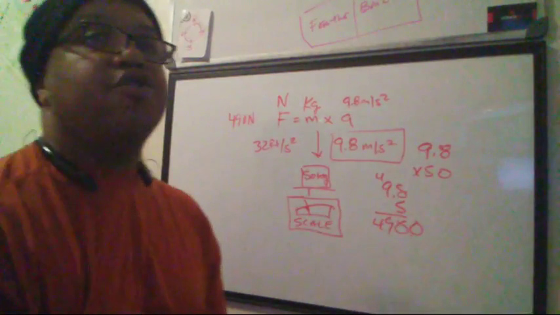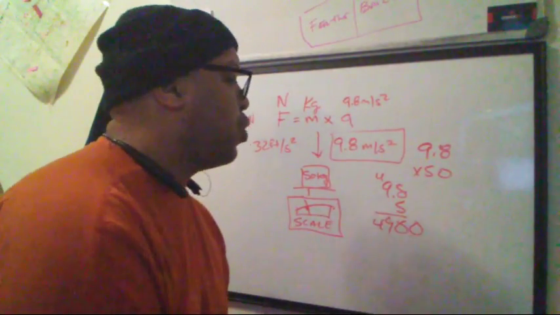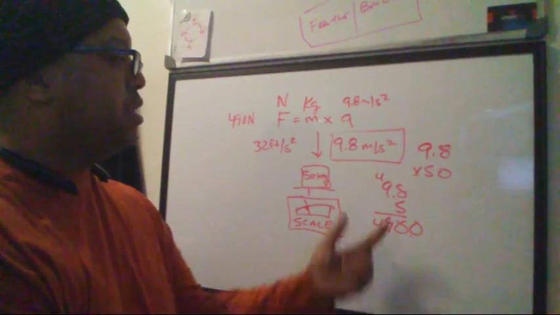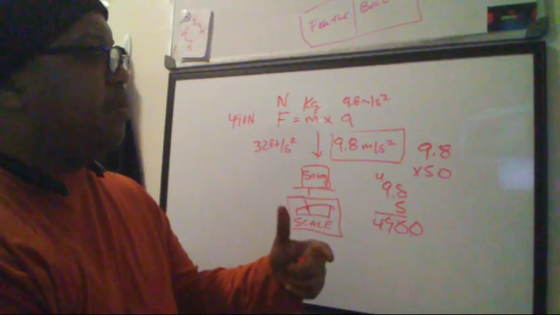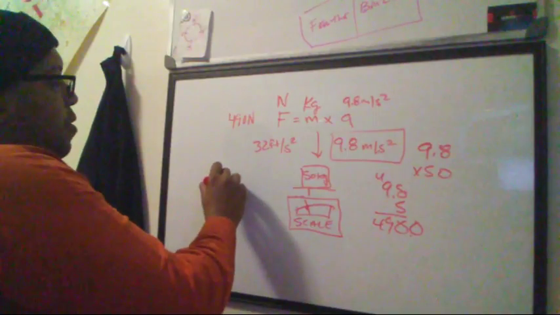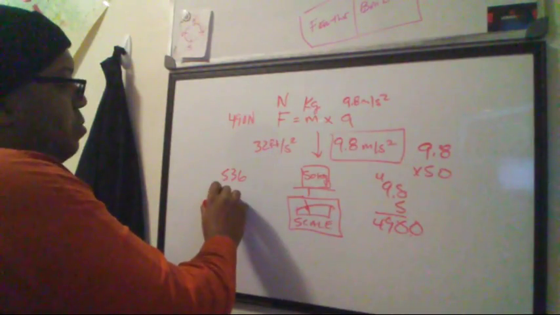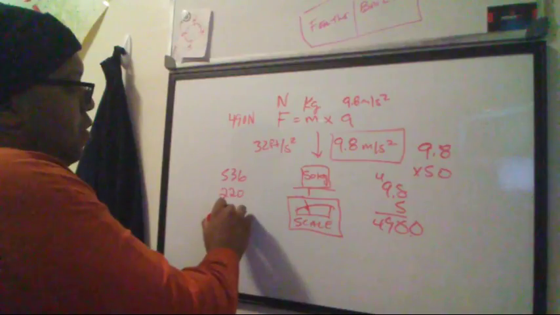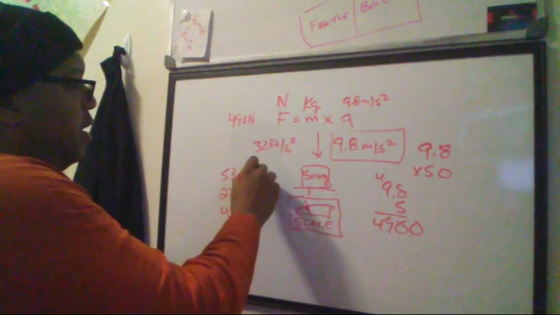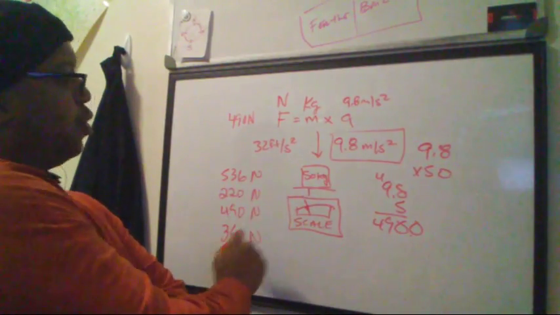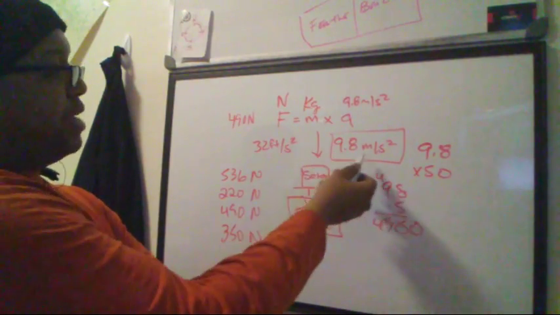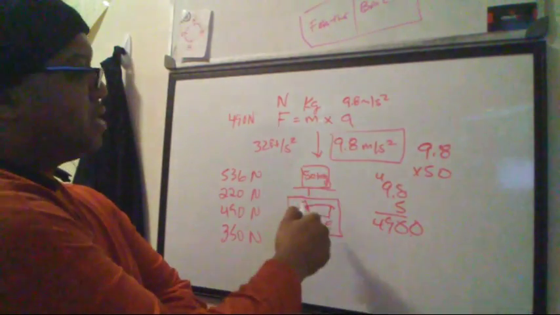Now, a good test taking strategy: if the answer choices are spaced far enough apart, I'm just going to multiply by 10, because then that's only going to take me 0.2 off target. So if I had answers like 536, 220, 490, 350 newtons in my answer choices, I'm just going to multiply 50 kilograms by 10, not 9.8, because I can mentally do that.